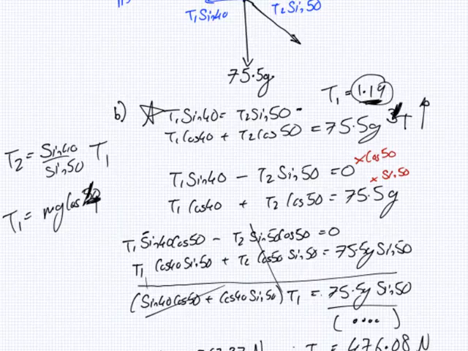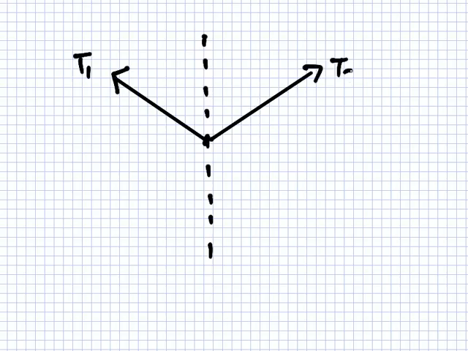Can I scroll down and do it the way I think Bruce might be suggesting? Look at this picture here. We can't really do it this way because they tell us to use horizontal and vertical. But watch this. If this is T1 and this is T2, how big is this angle? 90.